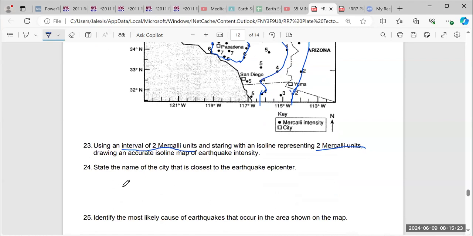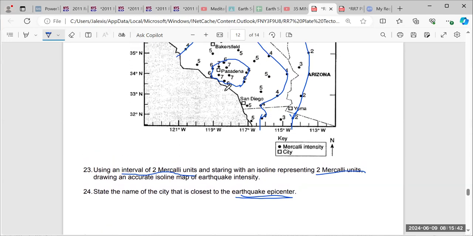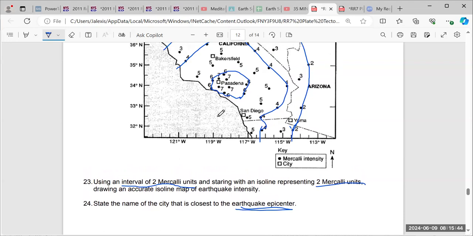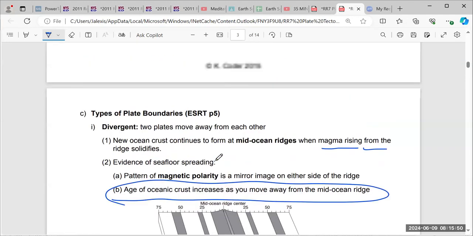Number 24 says, state the name of the city that is closest to the earthquake's epicenter. The epicenter is going to be where it's strongest, where the most damage has occurred.